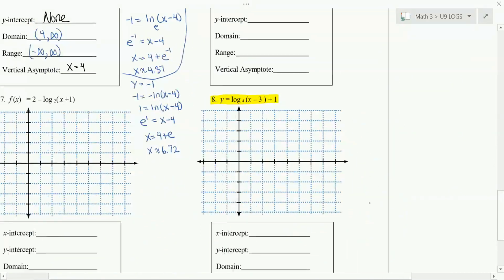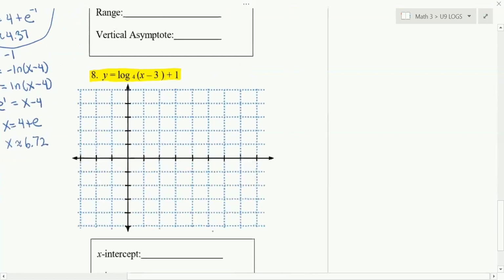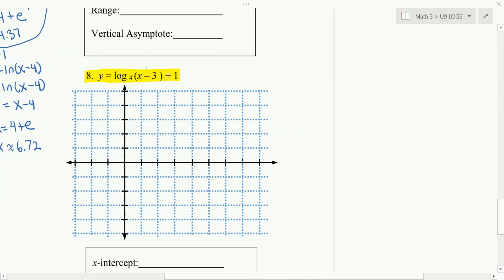Let's look at number 8. The most important part is this right here. We're moving to the right 3 units. And so our vertical asymptote has moved to the right 1, 2, 3 units.